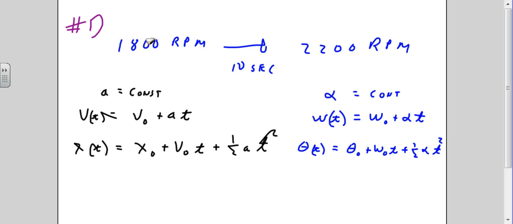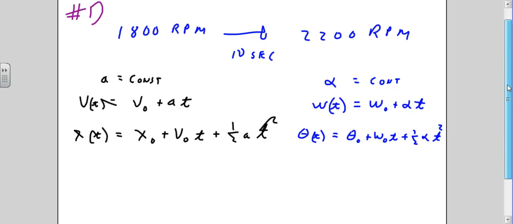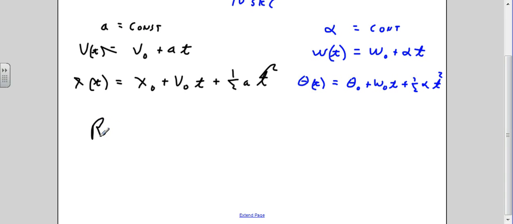Anyway, the issue is we got these things called revolutions per minute, and those are doing us absolutely no good. We want them to be in radians per second. That would be good.